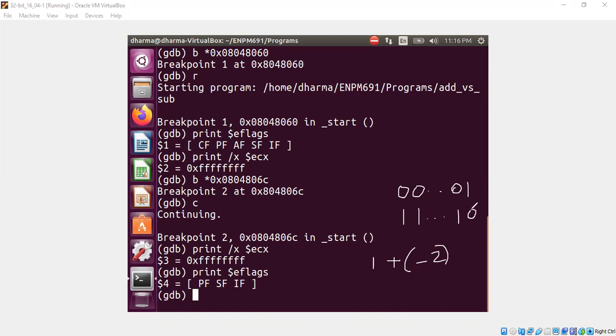Now you can safely add these two. If you add these two, you get all ones, and there is no carry here. That's the reason you don't see the carry flag. Of course, the sign flag is turned on because the answer has the most significant bit turned on.